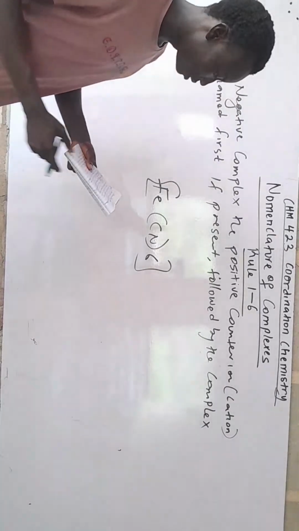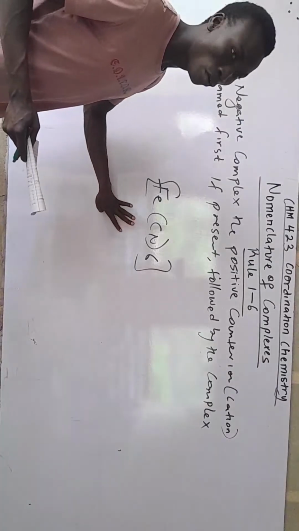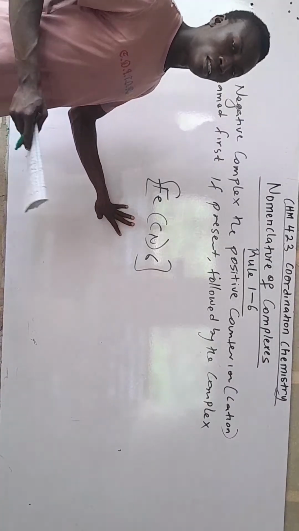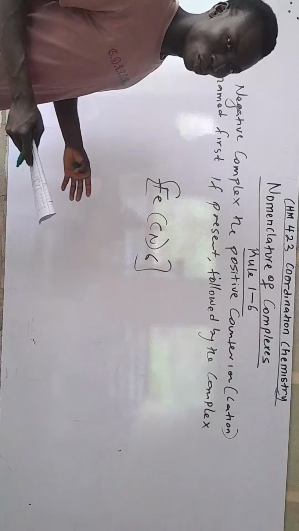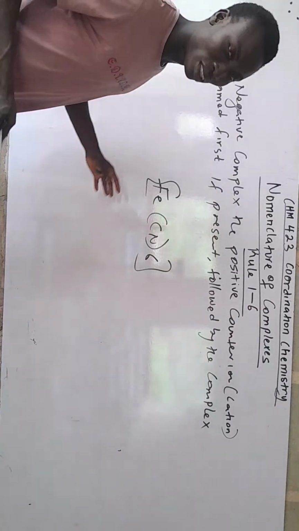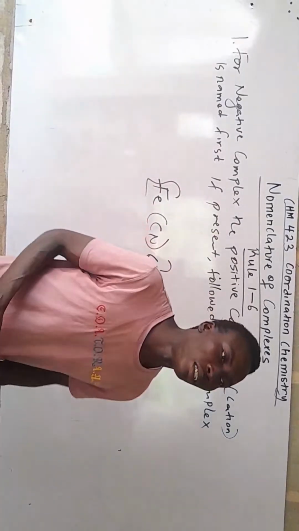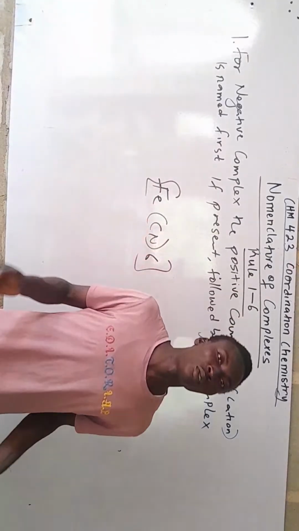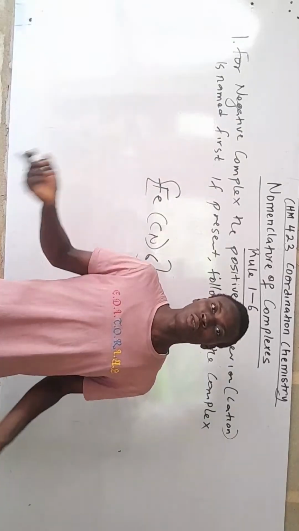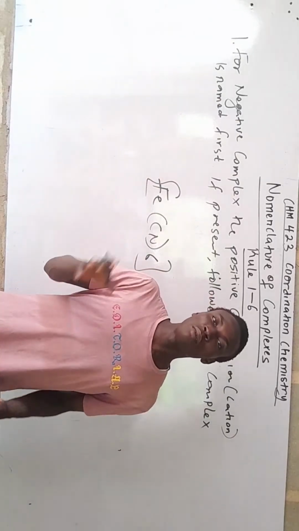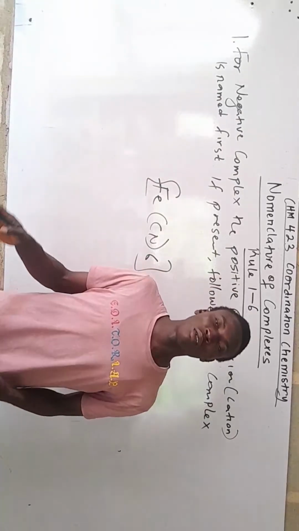Now, for a given compound of this type, there are ways that we name them. We have those that we can easily name, just like nomenclature of inorganic related compounds, such as sodium chloride. You can see that from NaCl, sodium chloride, sodium is named first before the word chloride.